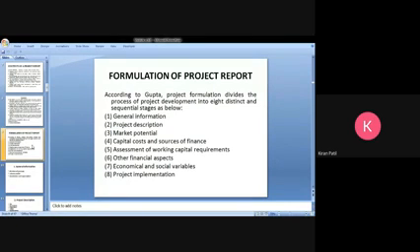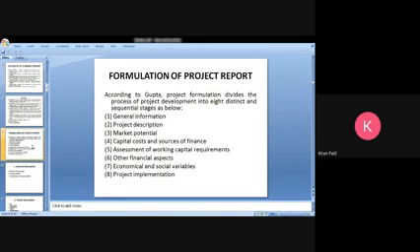So the name of the promoter as well as the address, qualification, experience and other capabilities of the promoter. Similar information of each partner if it is a partnership firm. If it's a partnership firm, then every partner's information has to be stated in detail.